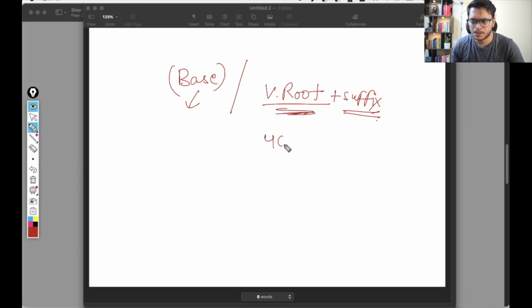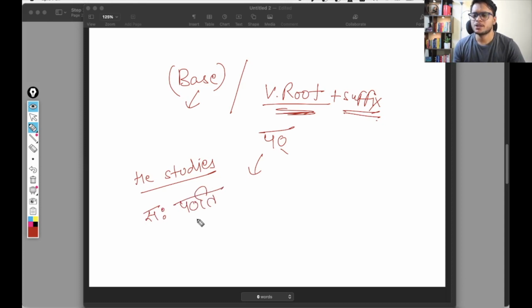So you always have a verb root, like this pat. And when I say "he studies", I will write saha patati. You can see that something has attached to this root pat. That's why it became patati. So there is some sort of suffix involved.